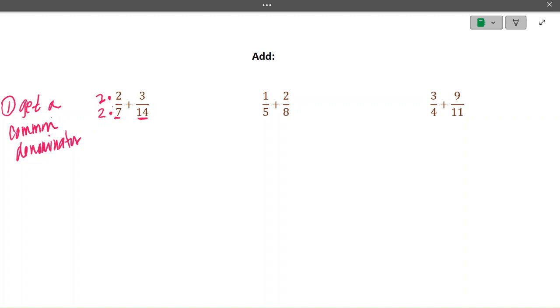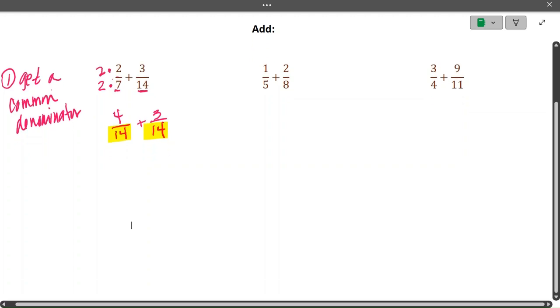We have 2 times 2, which is 4. And in our denominator, we have 2 times 7, which is 14, which was our goal, plus 3 over 14. So now we can look at our denominators, and they are both 14, which means our denominators are now common. So what we do is then our next step is we keep our denominator.